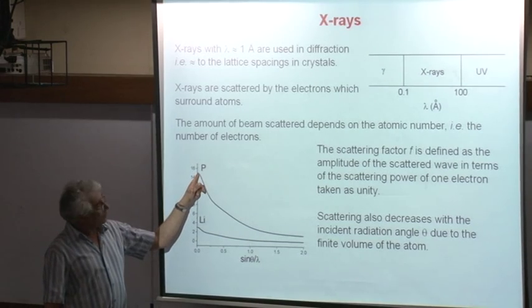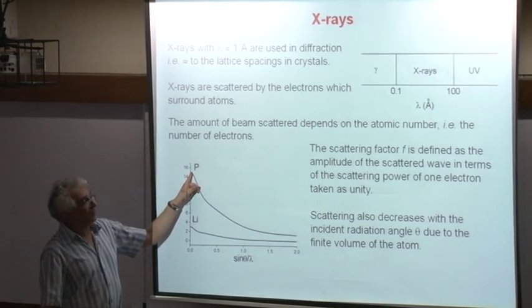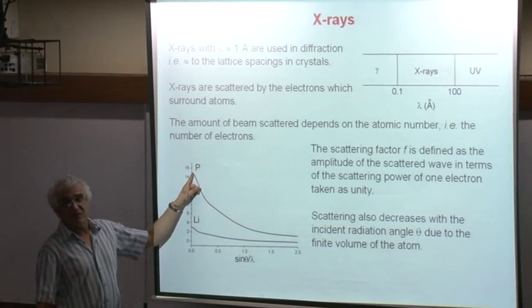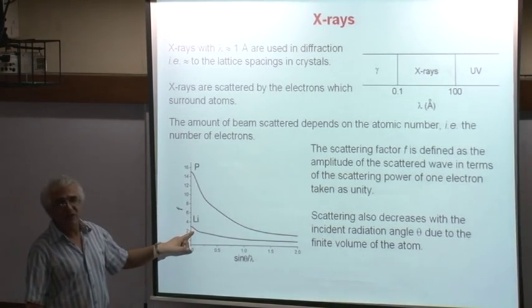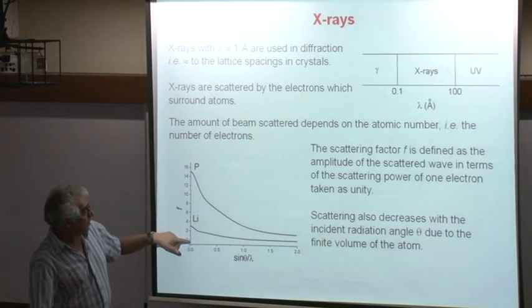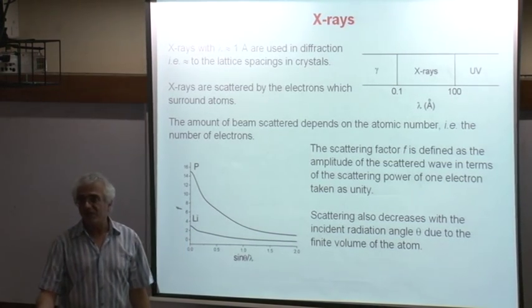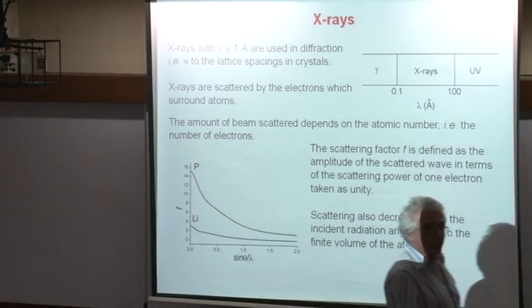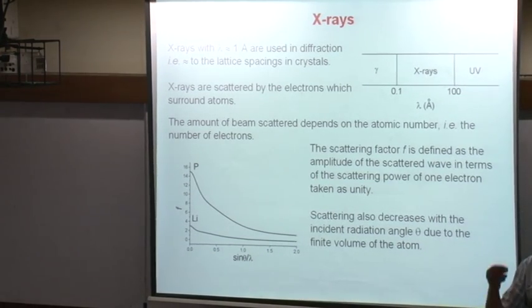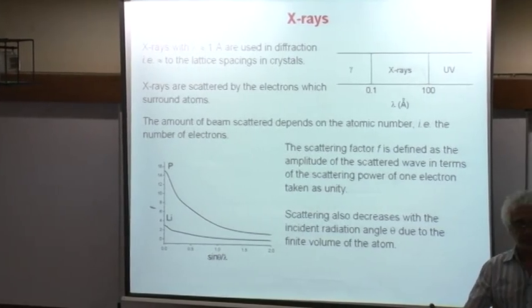The phosphorus will have a scattering factor of 15, equal to its number of electrons. Lithium will have a scattering factor of 3, equal to its number of electrons. So at sine theta over lambda equals 0, the scattering factor F is equal to the number of electrons.